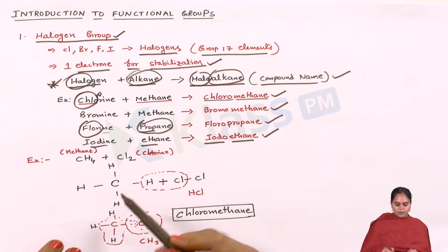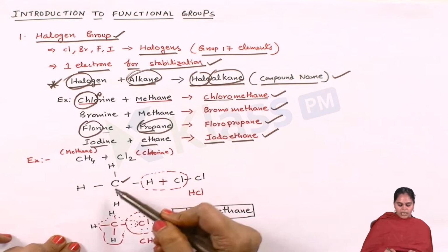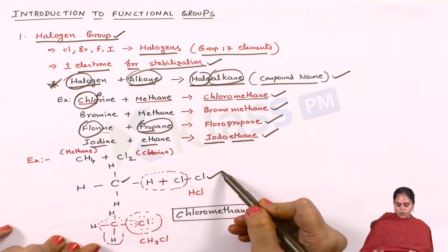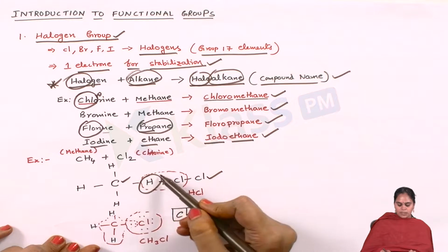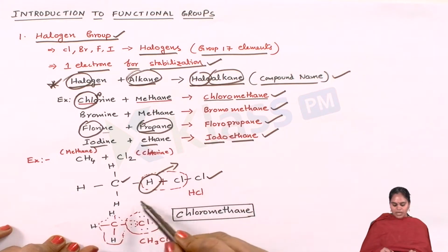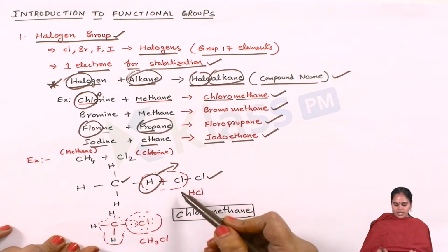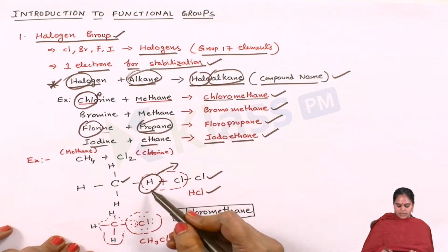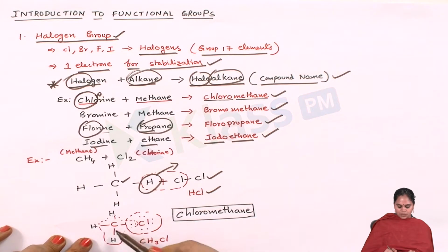See here one example. This is the carbon atom, which is combined with chlorine. One hydrogen is moved from here. So when one hydrogen goes away and chlorine is added here, HCl will form. Then one carbon atom, 3 hydrogens plus 1 chlorine.